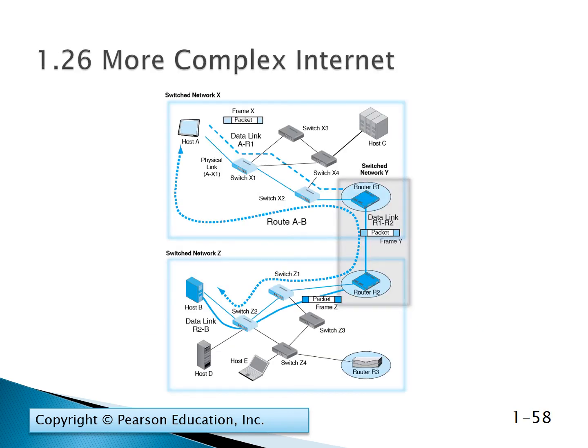So this one is an example of a relatively more complex network where you have two single networks or switched networks here, X and Z, right? If host A wants to send a message to host B here, it has to go through different switches, and then it will go to this router R1, which is the router within this network X, right?